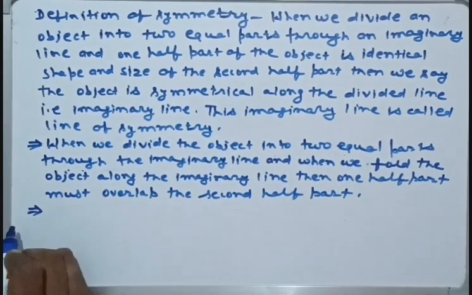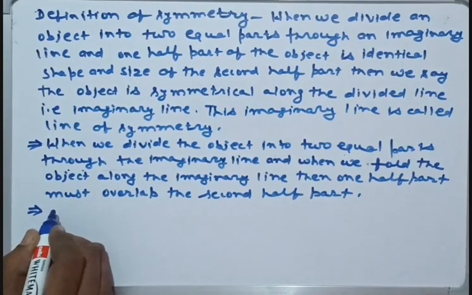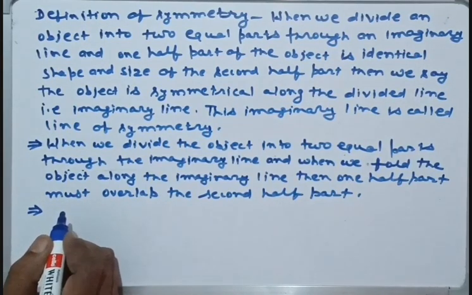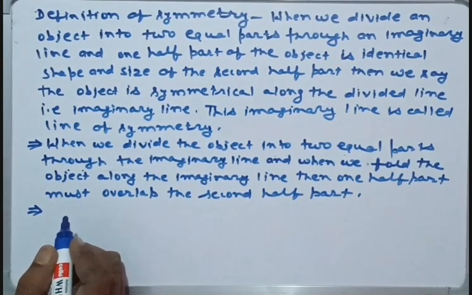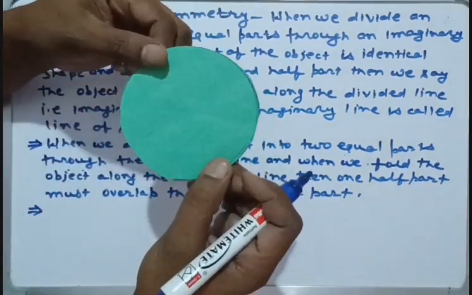Okay guys, what is meant by an imaginary line? Actually, when we see any object, suppose I have made here a circle.